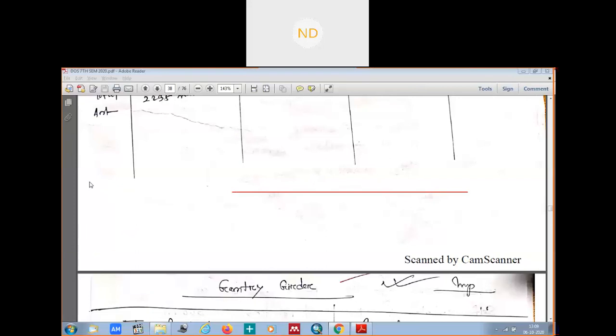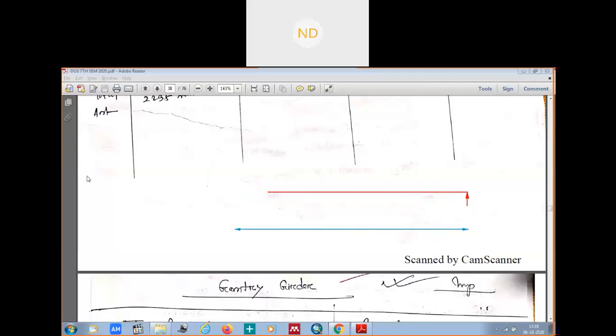Here you will have your reactions on the gantry girder also. Reactions will be there here on the gantry girder. Then the span of the gantry girder will be known to you. This span will be known to you, which is the span of the gantry girder.